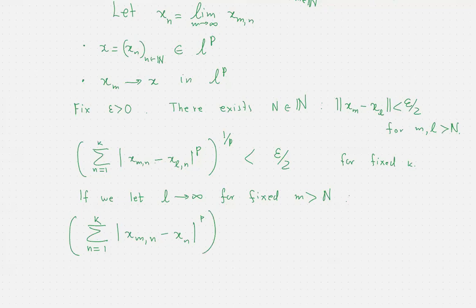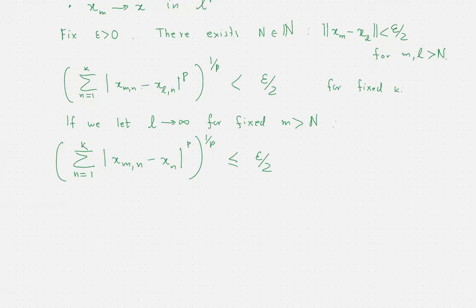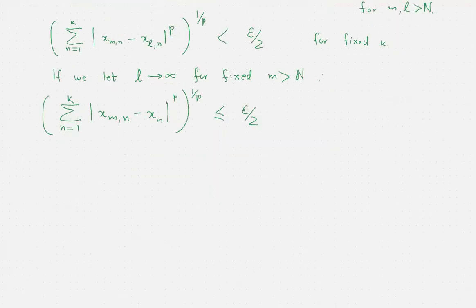We pass to a limit, so we have to pay the price of replacing our strict inequality with a weak inequality. Excuse me. And now this is true for any k. I mean, we fixed the k so that we were able to do that, but it's true for any k.